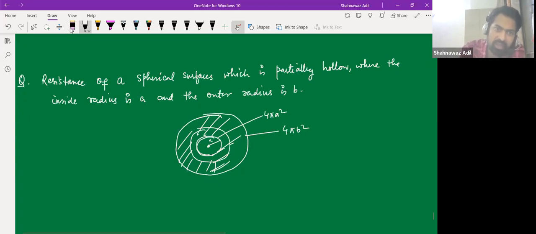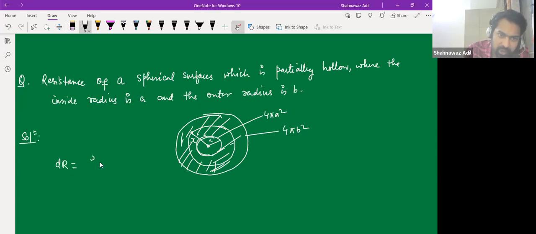So then what will we do? Again, we will use the same analogy. We will assume a very thin spherical surface in between, which is of radius x, and its small length is dx. Then the small resistance of this sphere would be rho dx divided by the area of cross section, that is 4 pi x square.